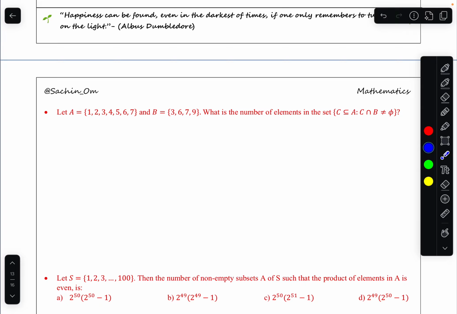We are supposed to find the number of elements in the set. Now, what does this set look like? The question says it has the collection of all those subsets C of A which have nothing in common with B. C intersection B should be non-empty. So it is supposed to be non-empty.